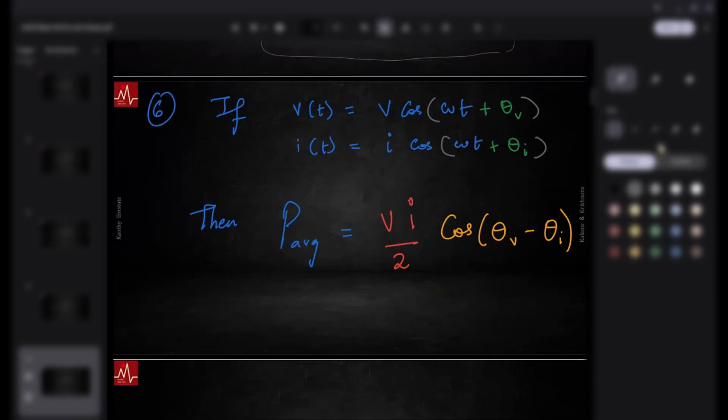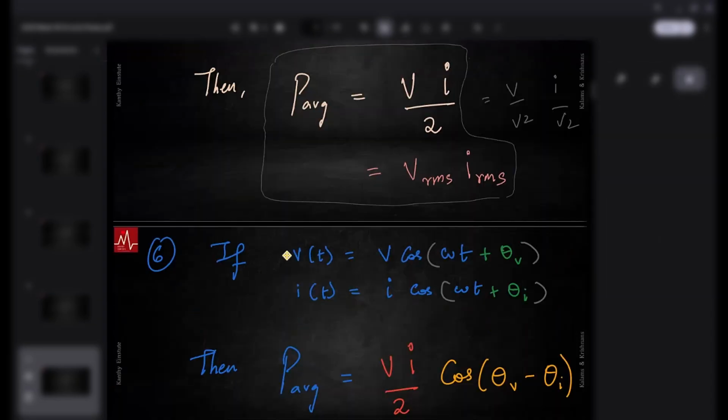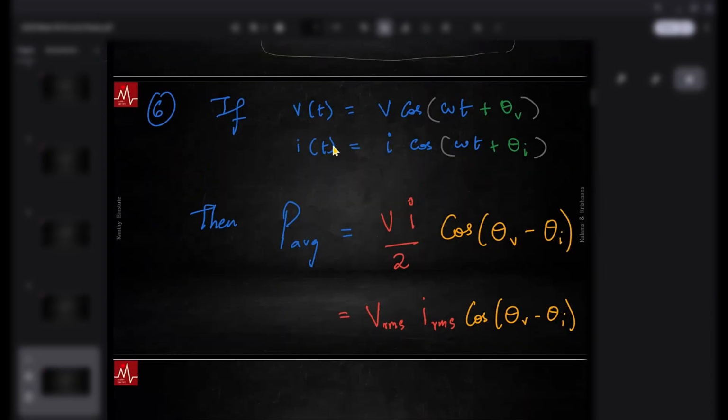And you could also write this as... I think I did derive this, okay? Compare and contrast, that's Vi by 2 cos(theta v minus theta I).